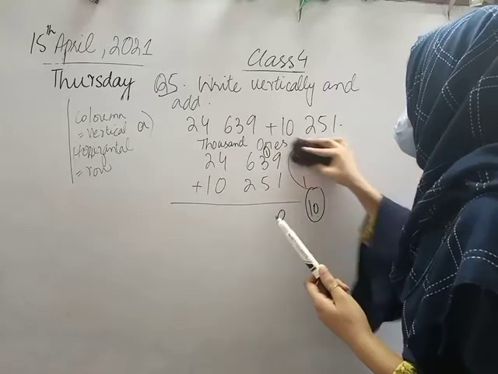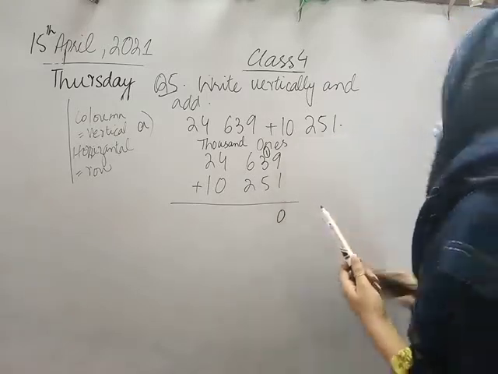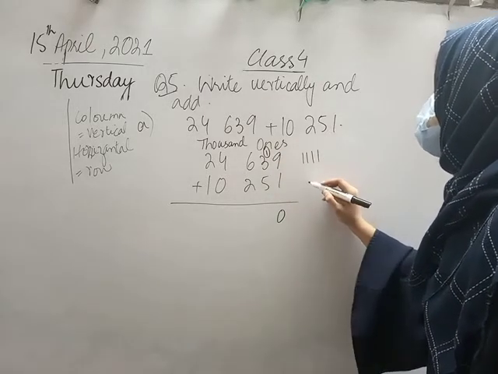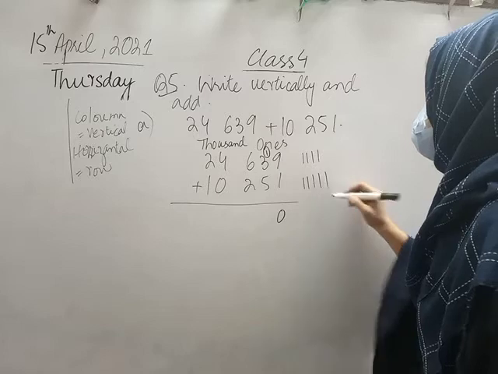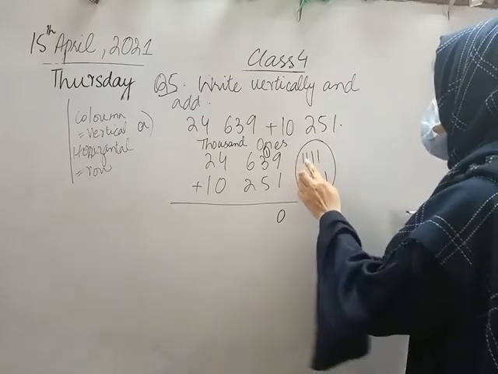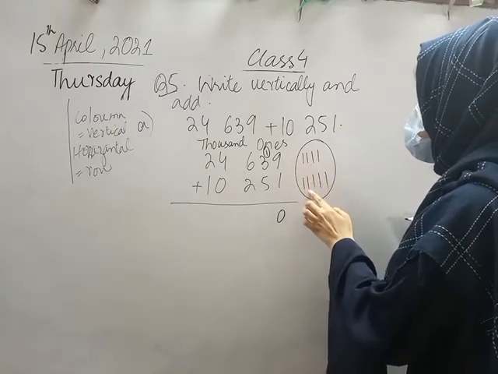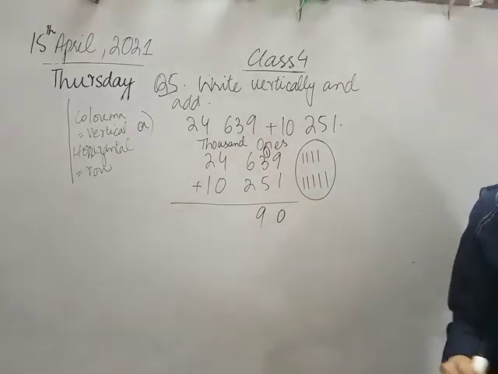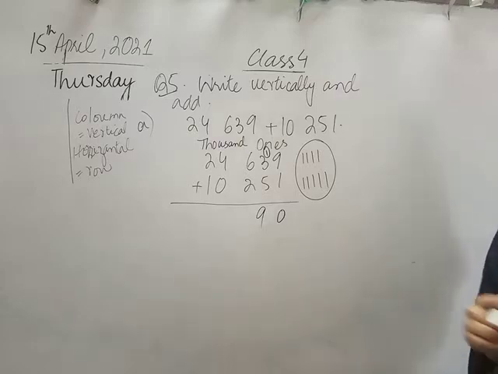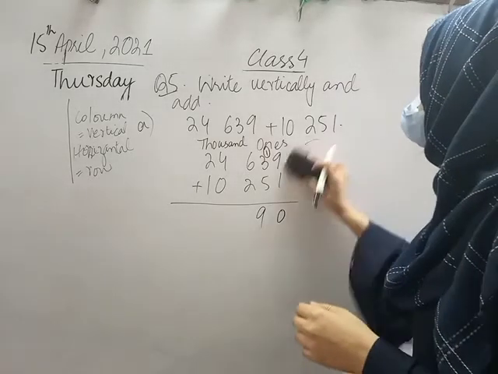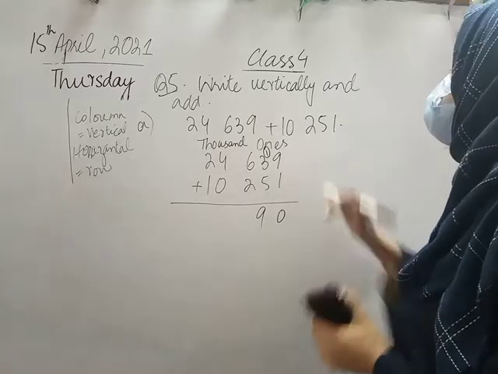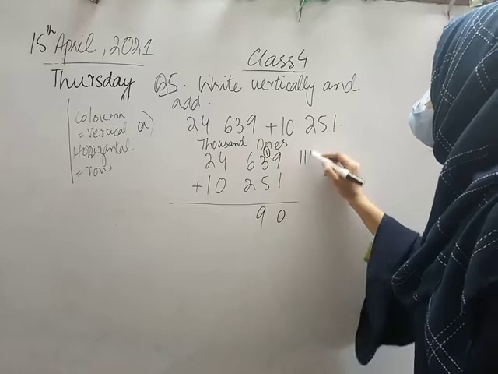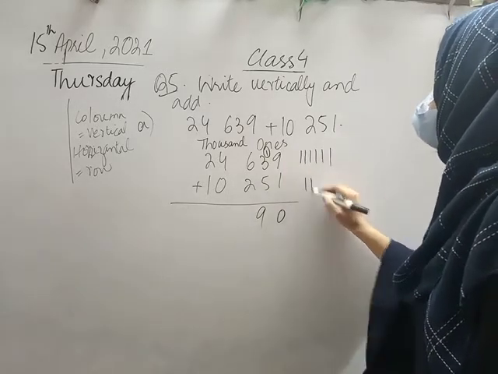Now the next number, which is 3 plus 1, 1, 2, 3 and 5 for lower, 1, 2, 3, 4, 5. So in total I have 9. Okay class? Now the next value, which is 6 plus 2. 1, 2, 3, 4, 5, 6 and 2 for lower.